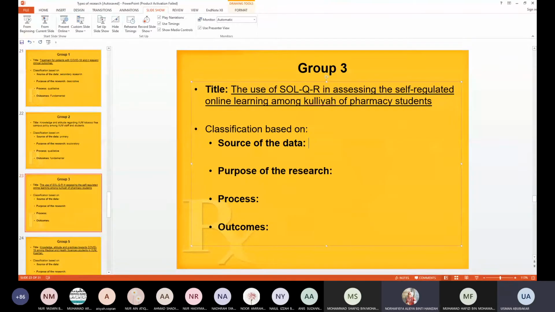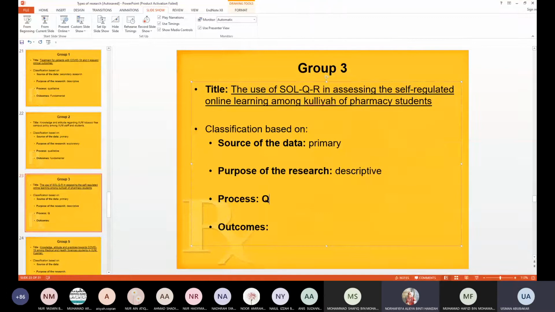And then for the purpose of the research, is it descriptive or exploratory? Descriptive research. Okay, good. Right, based on the process, the process is quantitative.